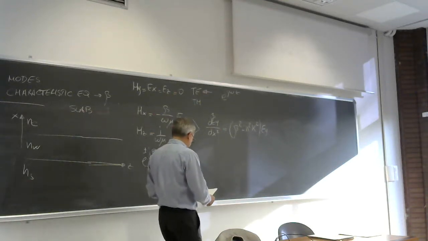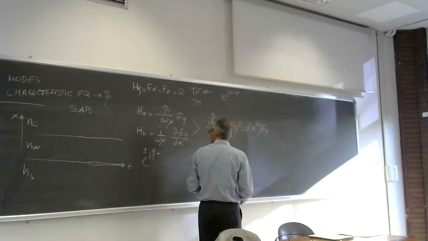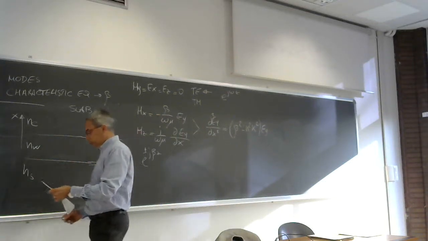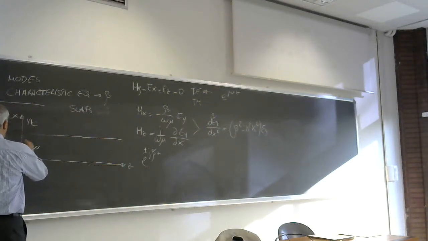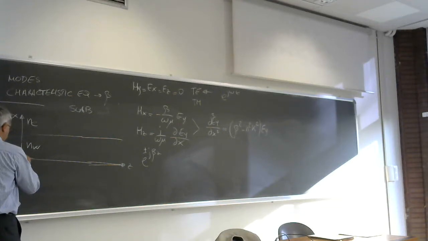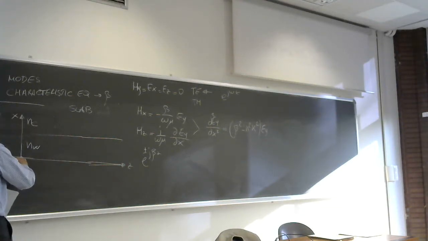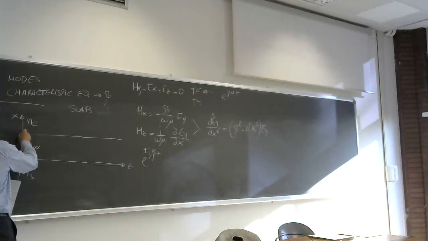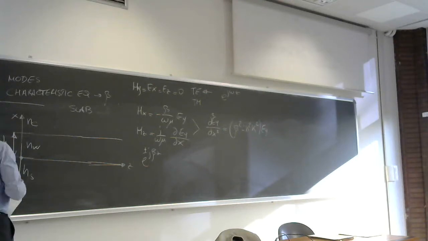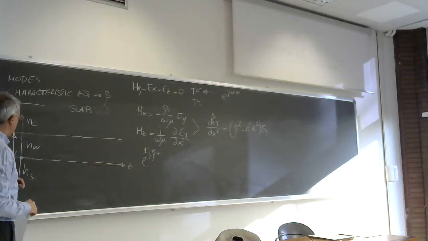So let's assume that the origin is here on this interface, and assume that the thickness of the slab is h.